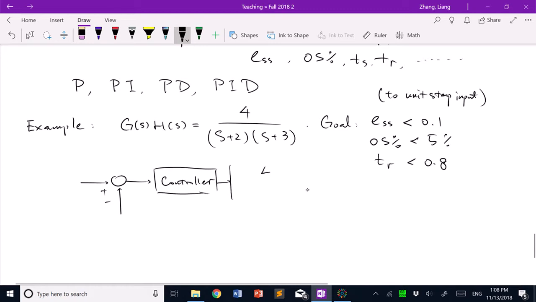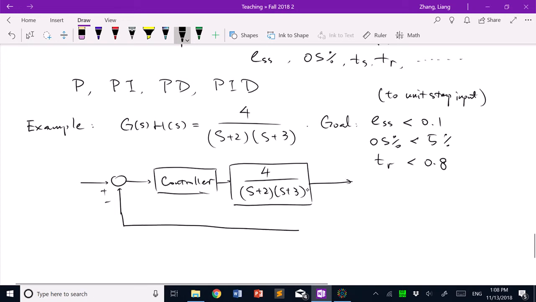Just for simplicity, let's assume the plant is the transfer function directly, and the output of the plant is directly fed back to be compared with the reference R here, and this is my output Y. So this is my goal.